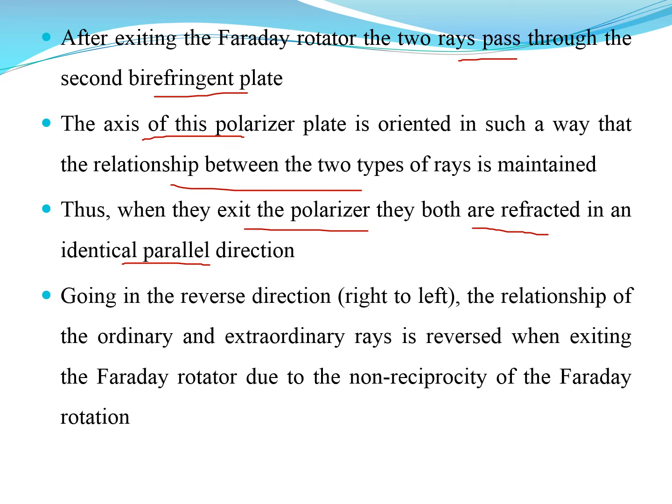Now, if I consider the reverse direction, that is from right to left, if there is any reflection, then the relationship between the ordinary and the extraordinary ray gets reversed due to the non-reciprocity of the Faraday rotation process. So this can avoid the reflection in the optical fiber.